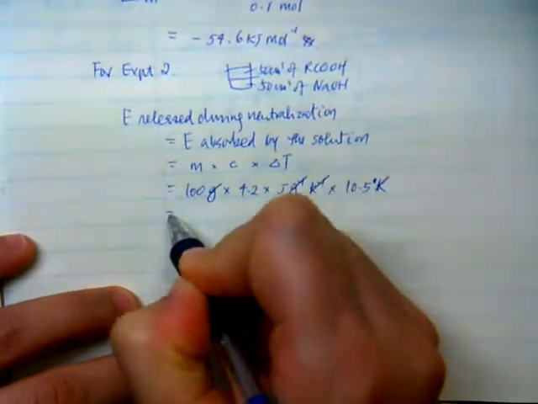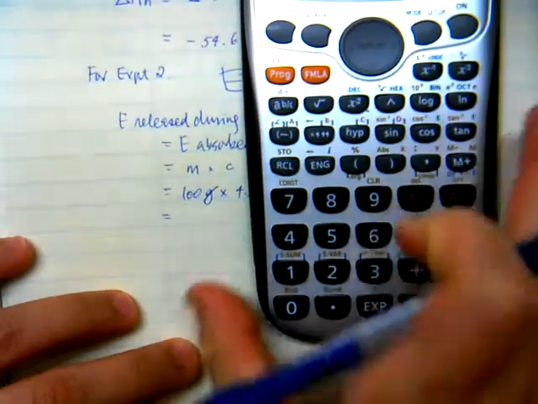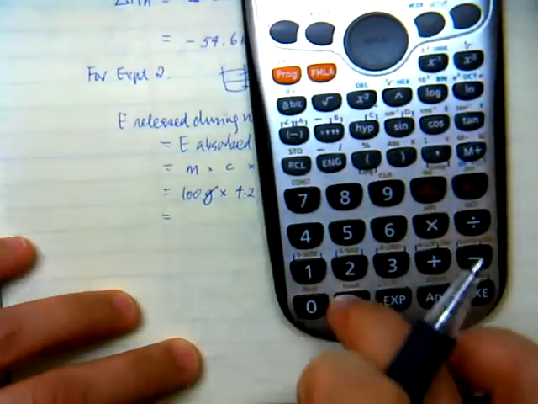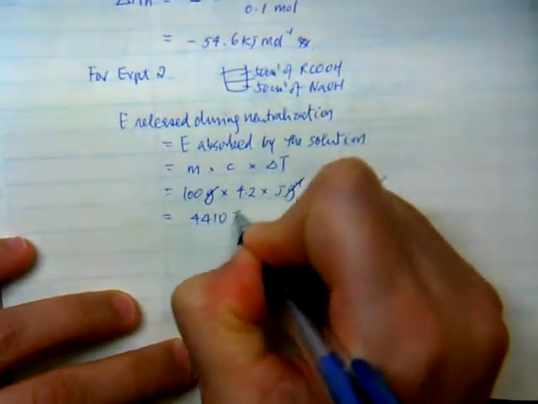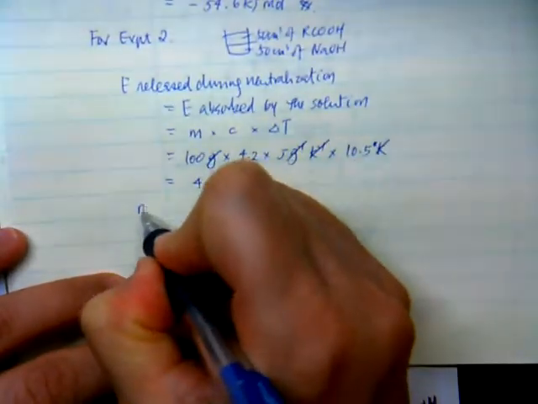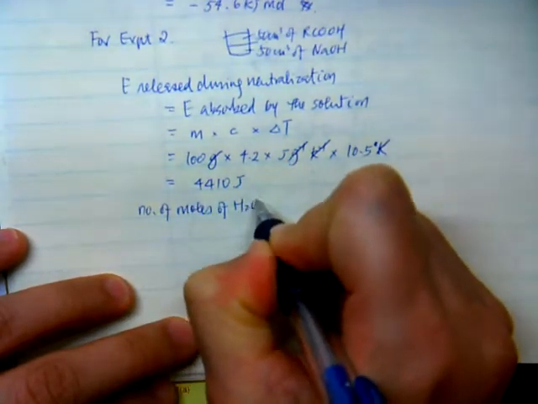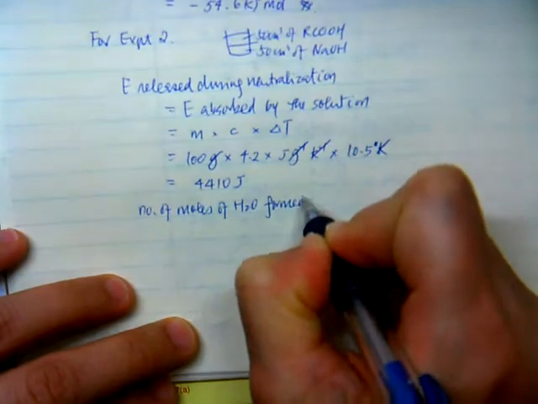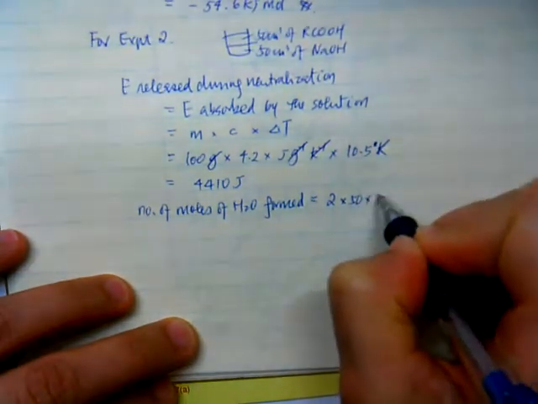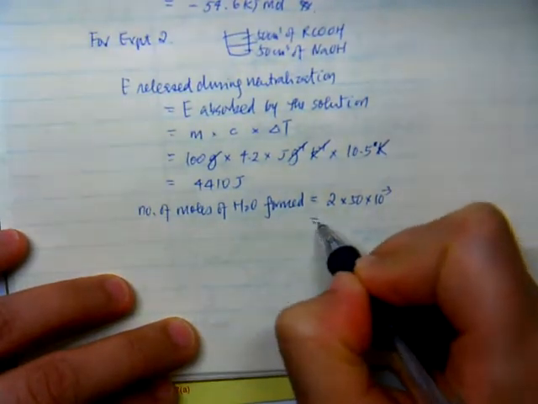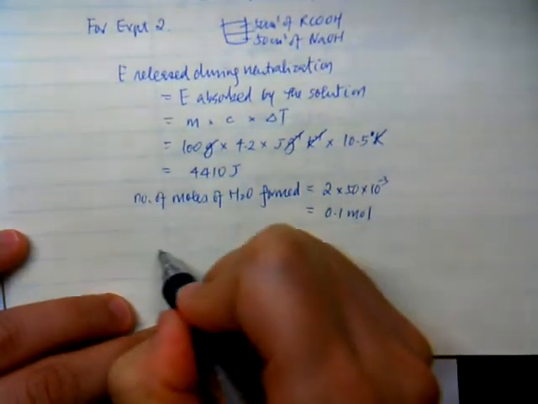That gives 4410 joule. And now the number of moles of water formed in this situation is equal to 2 times 50 times 10 to the power negative 3, which is also 0.1 mole. Understand?